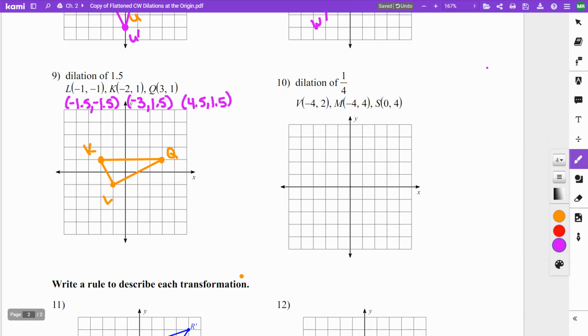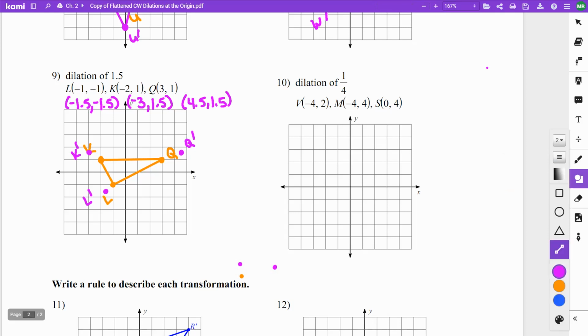So negative 1.5, negative 1.5, negative 3, 1.5, and 4.5, 1.5. And this is my L prime, my K prime, my Q prime. And I'm going to connect those. And that's my new picture.